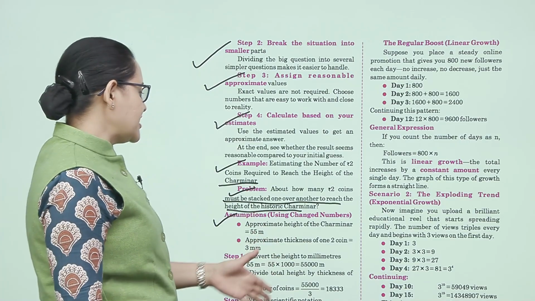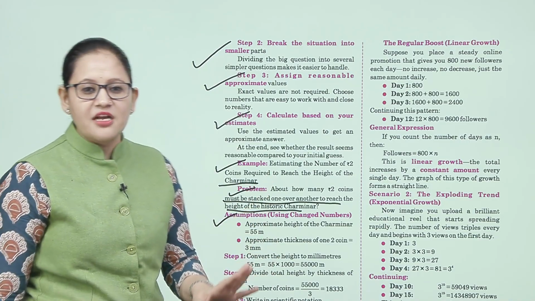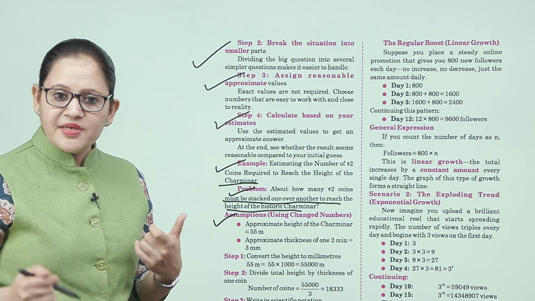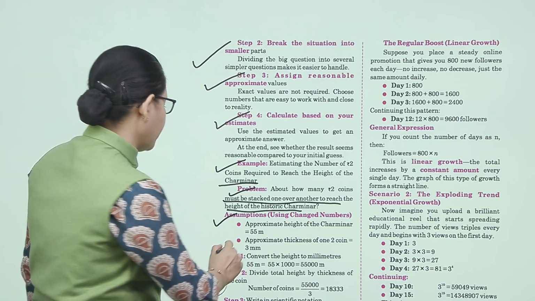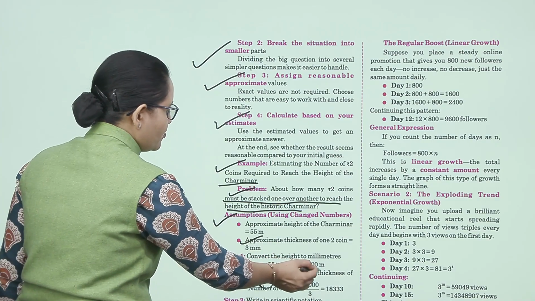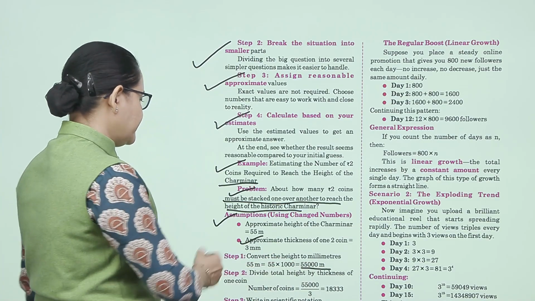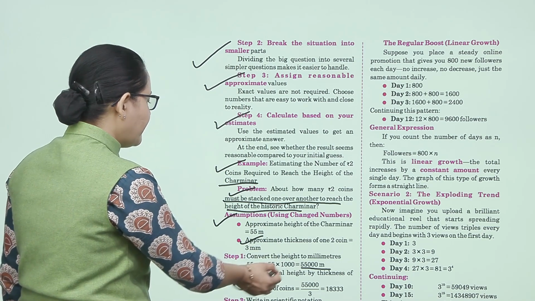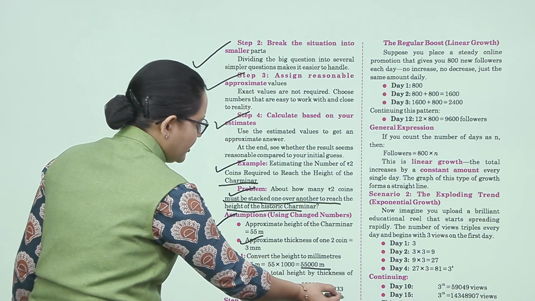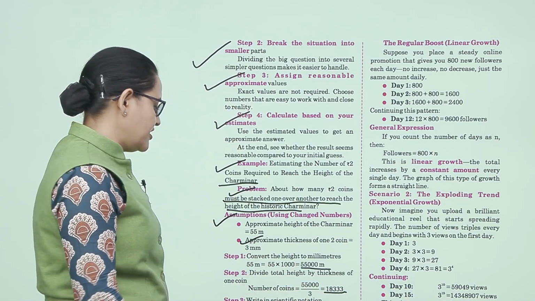Assumptions: using the given numbers, the approximate height of the Charminar is 55 meters. The approximate thickness of a ₹2 coin is 3 mm. Now convert the height into millimeters, so that equals 55,000 millimeters. Now divide the total height by the thickness of the coin, so that equals 18,333.